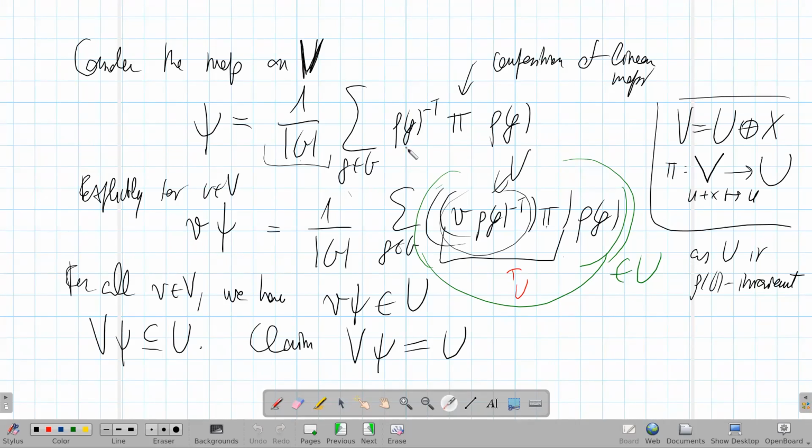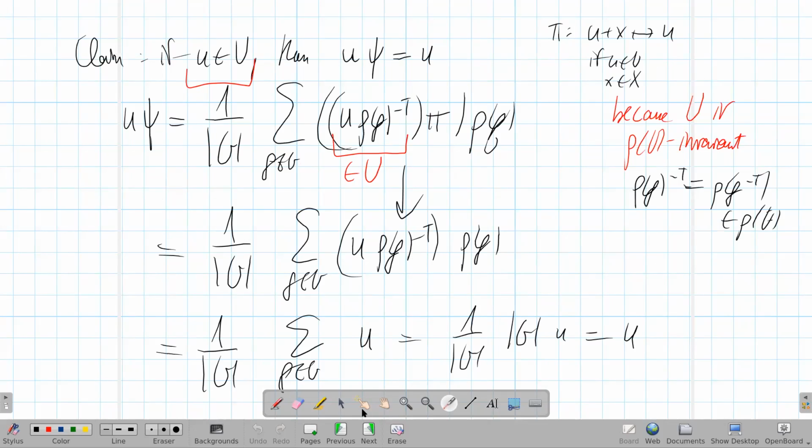Basically because pi sends V to U, as its image is U, and U is rho G invariant. So the image is contained in U, but moreover, the image is exactly U because psi restricts to the identity on U. And the calculation is here.